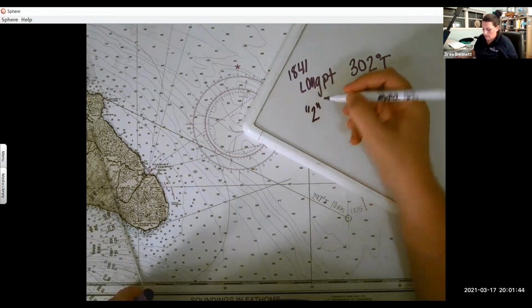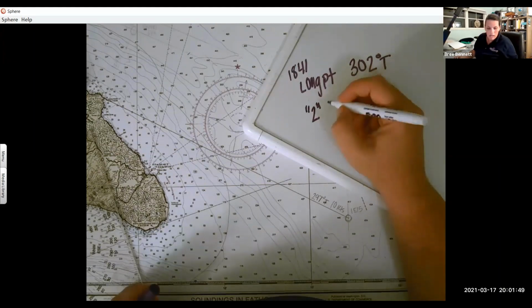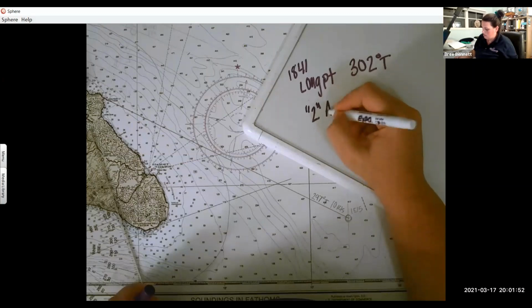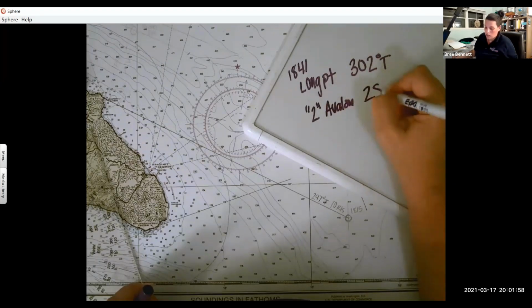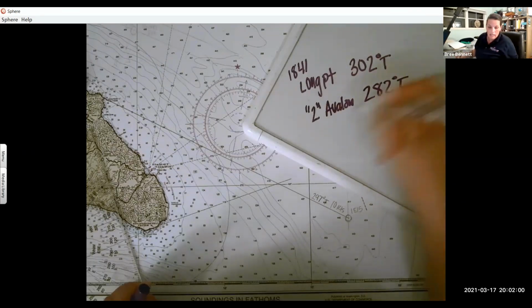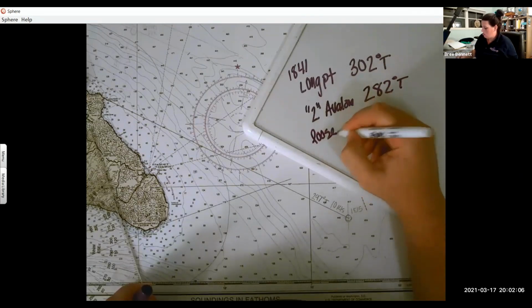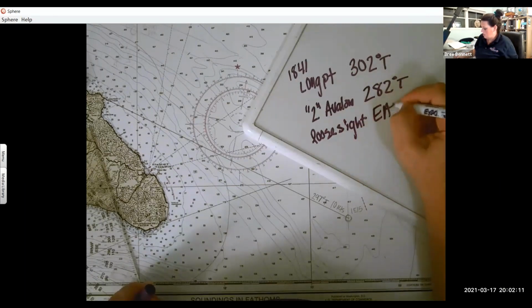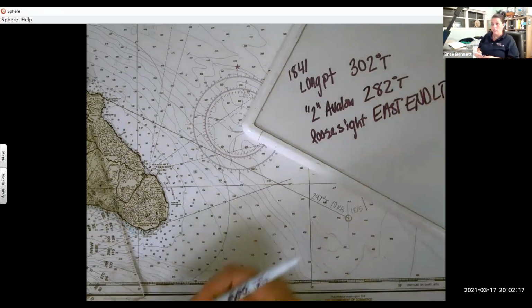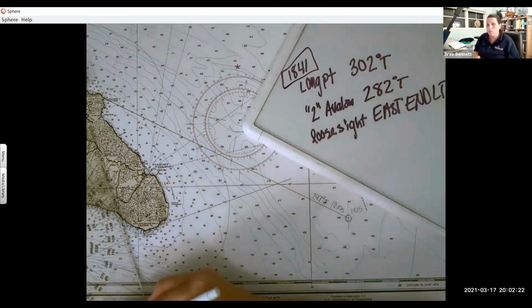Light 2, that light off of Avalon, is bearing 282 degrees true, and we lose sight of east end light. So this is our position at 1841.